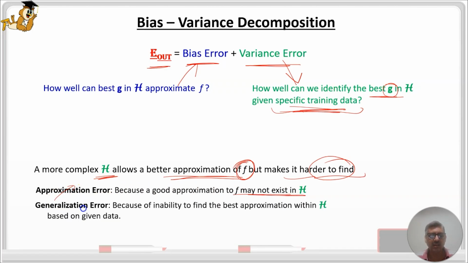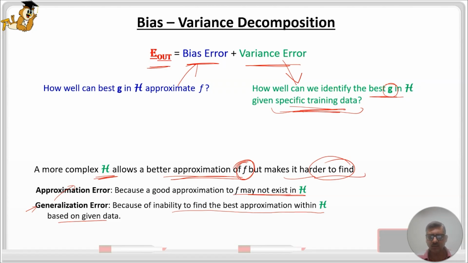Some other terminology that is used for variance error is the generalization error, and this happens because of inability to find the best approximation within H based on given data. So I am just throwing some terminology here in case you hear these words. I want to make sure you know that they are exactly bias and variance. Approximation error is bias error, generalization error is variance error, right?